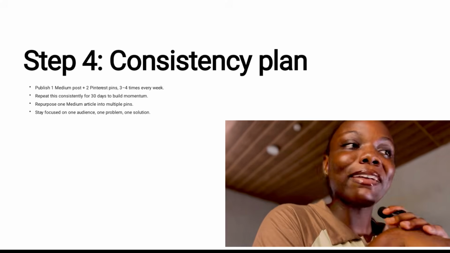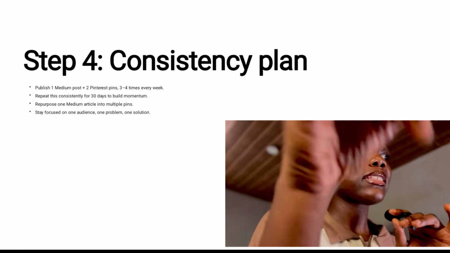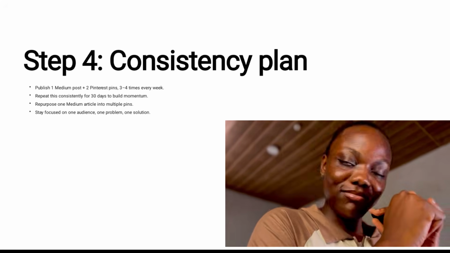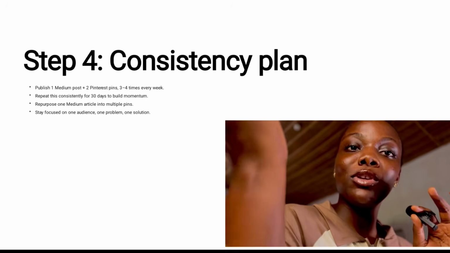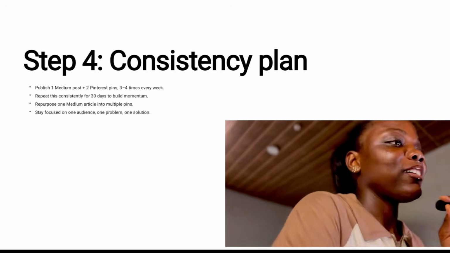That's basically the plan: for the next 30 days, 1 Medium post, 2 pins, 3 to 4 times every week, and then you'll be promoting your Gumroad link. Don't market the same link consecutively on Medium.